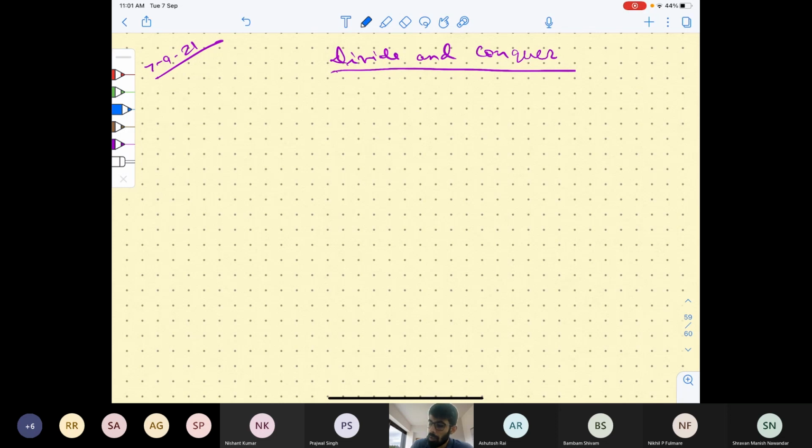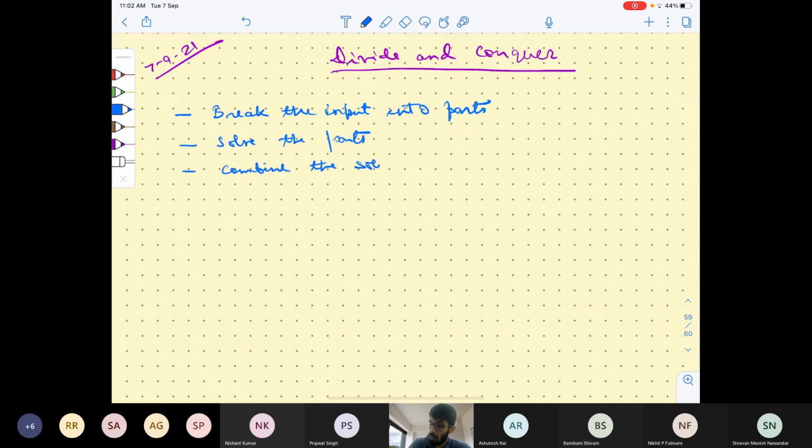The basic principle of divide and conquer is that we break the input into parts, solve the parts, and then finally combine the solutions to get a solution for the original instance. Okay, so that is the main idea, and then we'll be looking at examples.